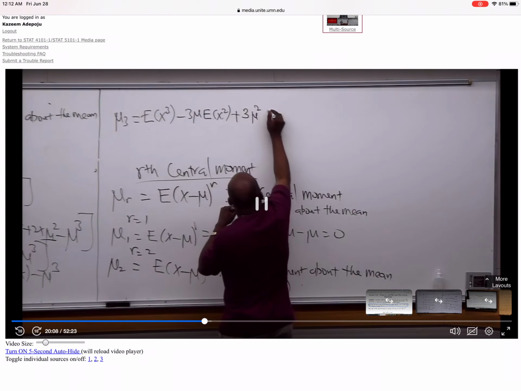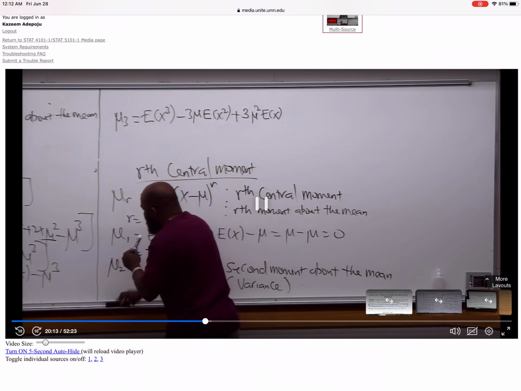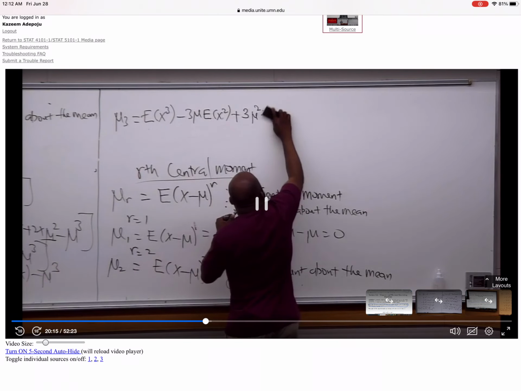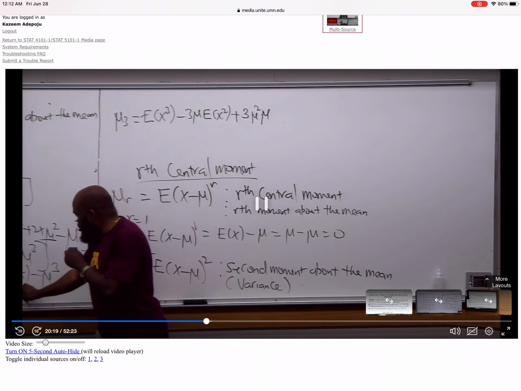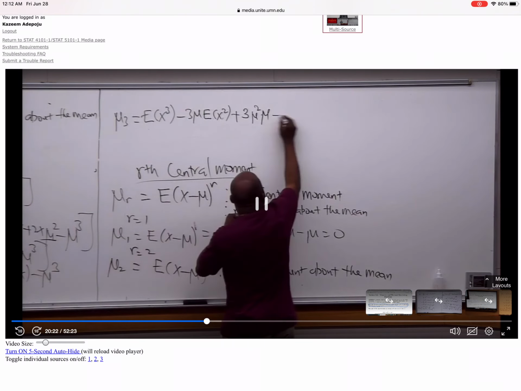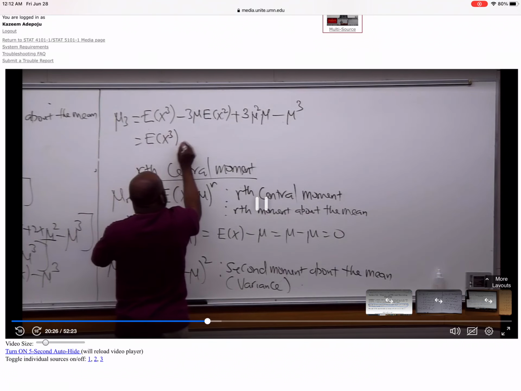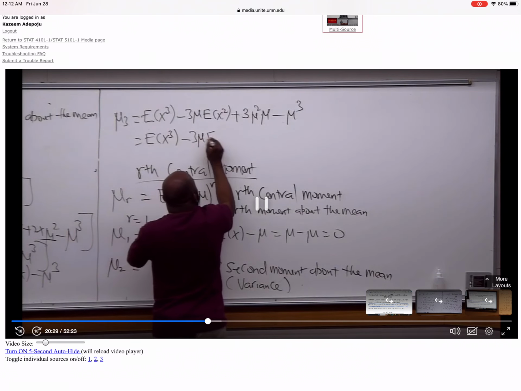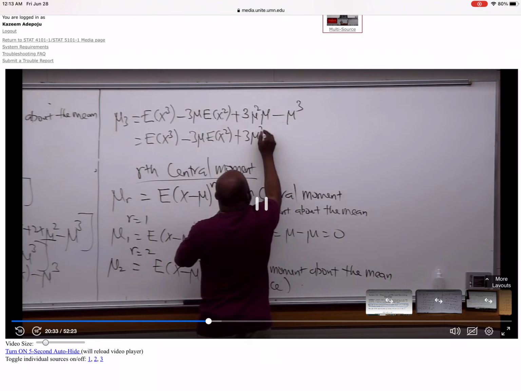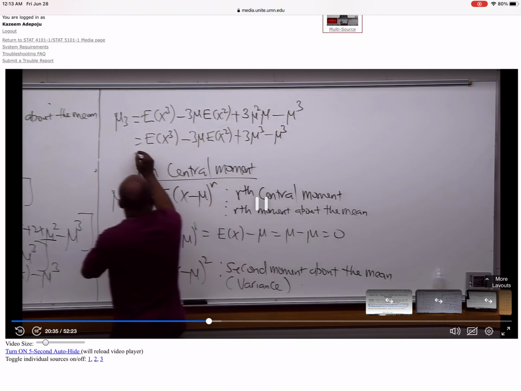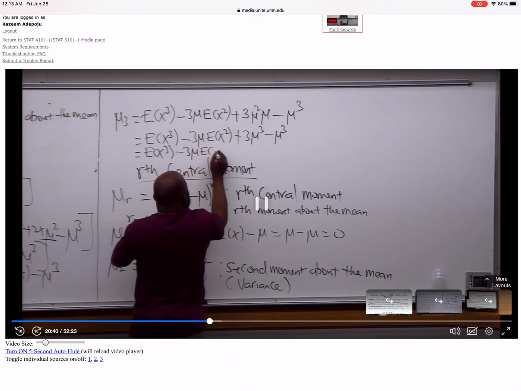And here, the expected value of x is actually mu, minus mu cubed. So the expected value of this, minus 3 mu times the expected value of that, plus 3 mu cubed, minus that. So finally here, you are going to have this: x squared minus 2 mu raised to power 3.